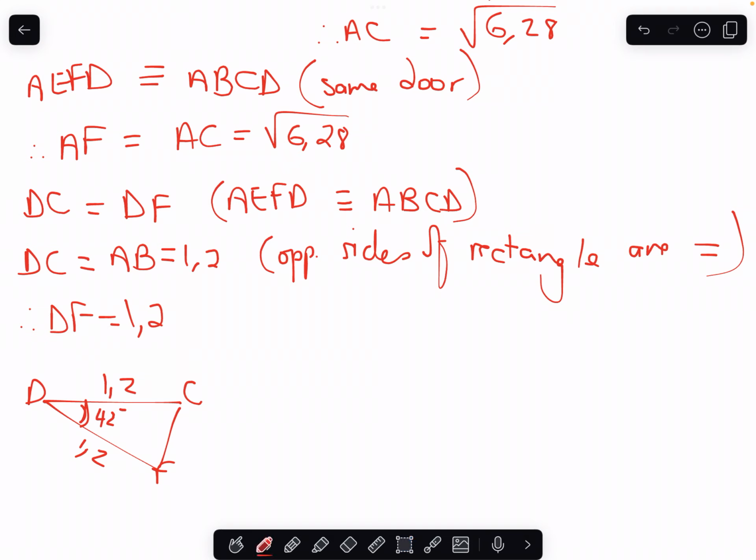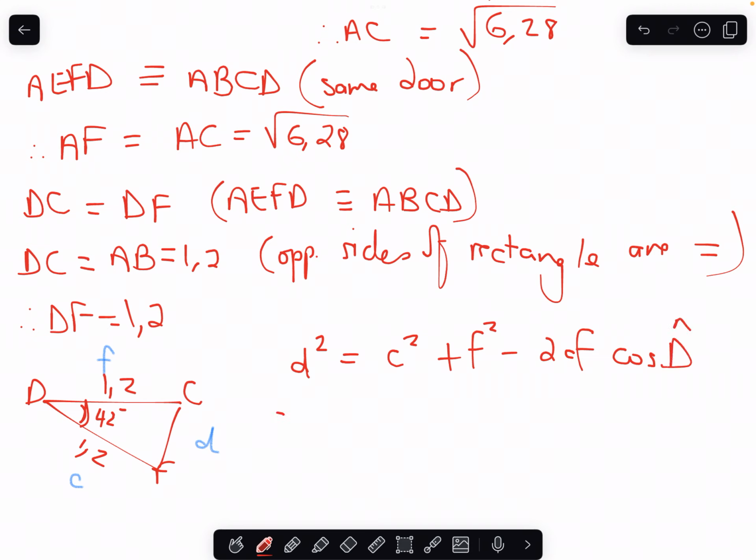Okay, so we're going to use the cosine rule to figure out this length over here. So I'm going to start by labeling little d, little c, little f. So the cosine rule tells us that d squared is equal to c squared plus f squared minus 2cf cos of d.